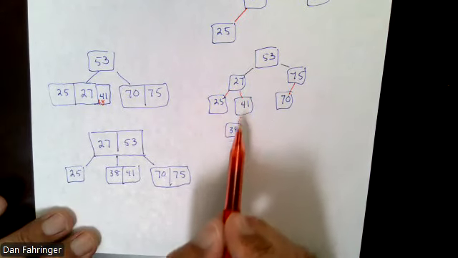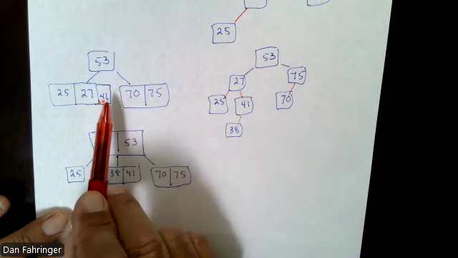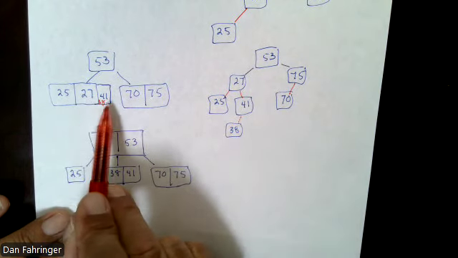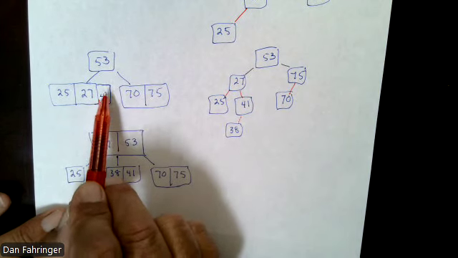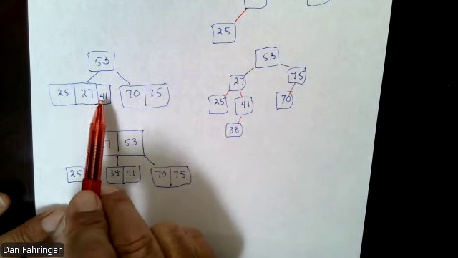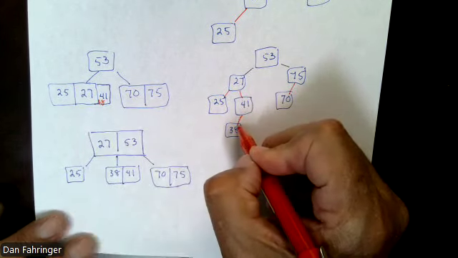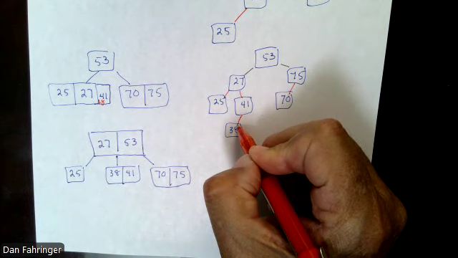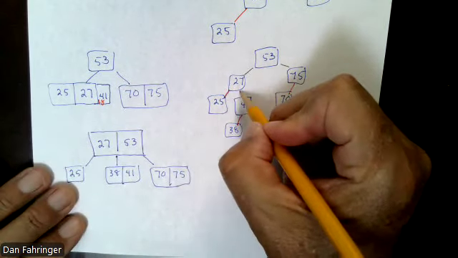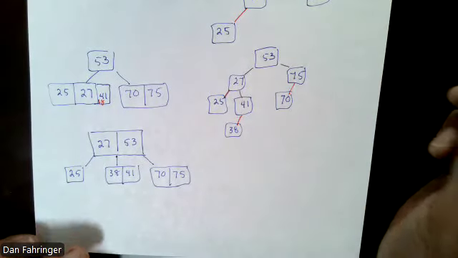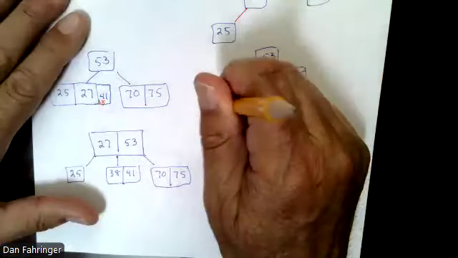But now I have two reds in a row. Again, 38's trying to get in here. No, 38, you can be a sibling to 41, but not all of these. And when I make that, so this now became a red, which now results in this becoming a black, this becoming a black. Oh, so I'm starting to try to figure out how all this works.